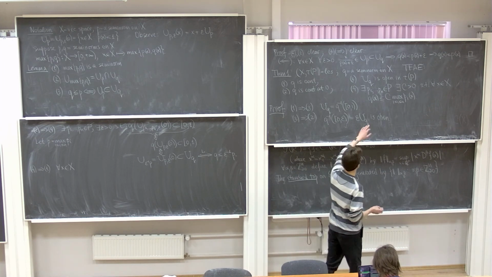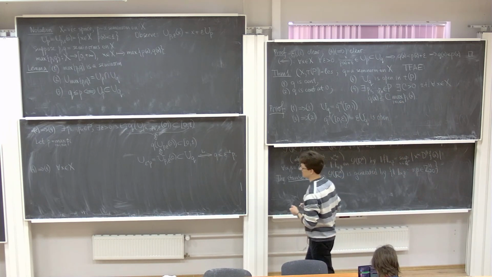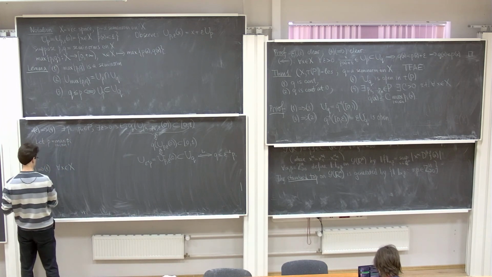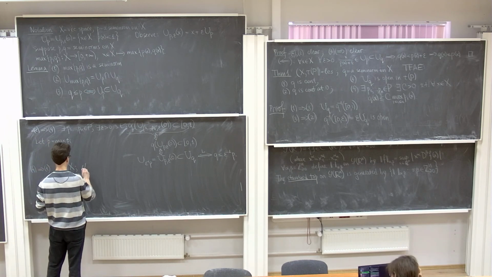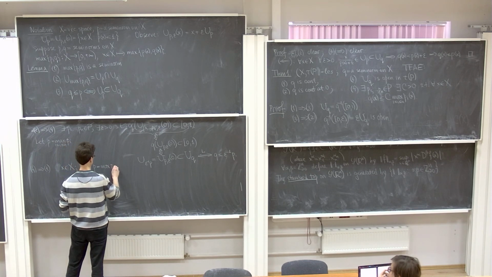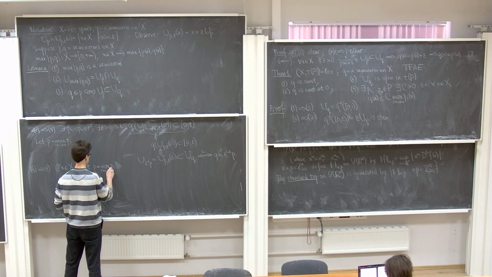So we find P1 to Pn and C as in condition 4. We let P denote this finite maximum of Pi from 1 to n.